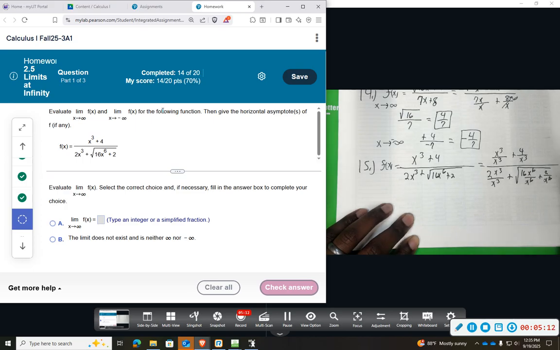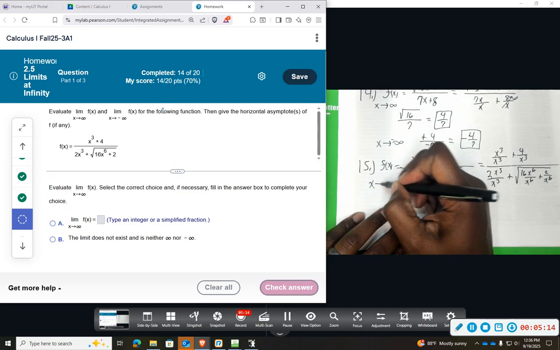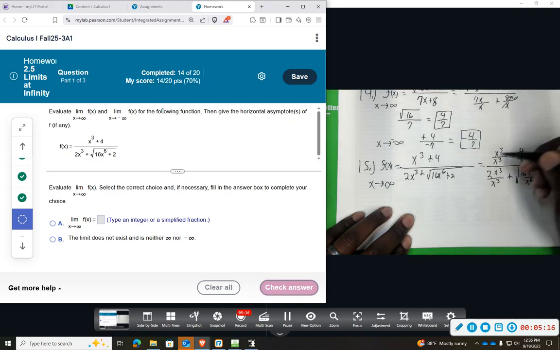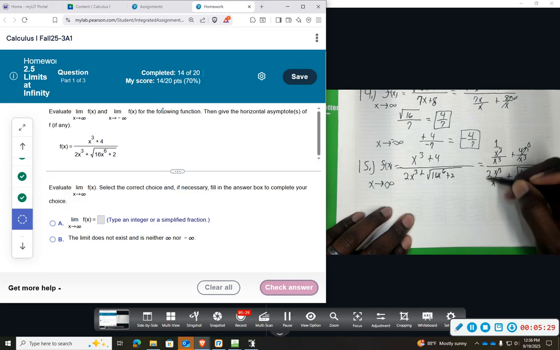All right. So as x gets really big and positive, this is going toward 1. Both of those divide out. This is going toward 1. This one is going toward 0. This one is going toward 2. And then plus, this is going to cancel out and go toward 16.